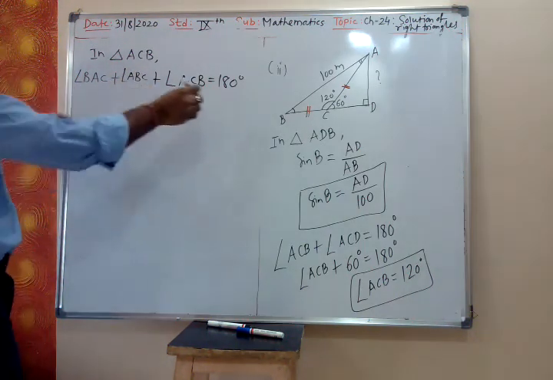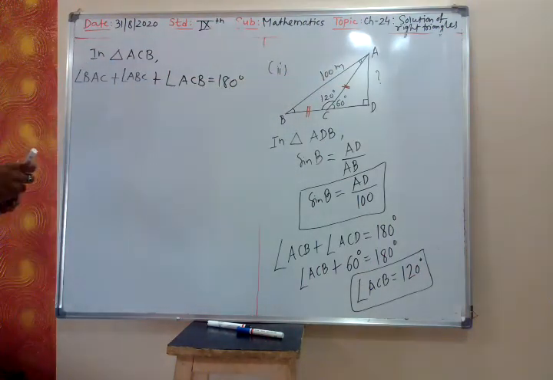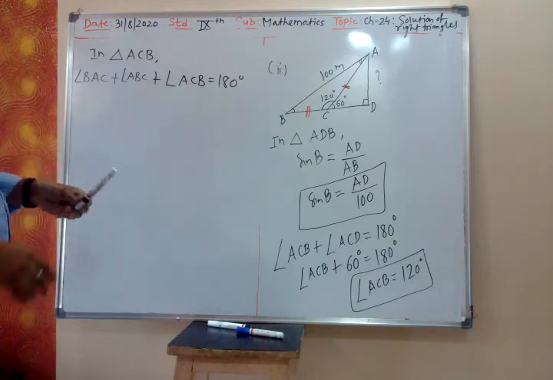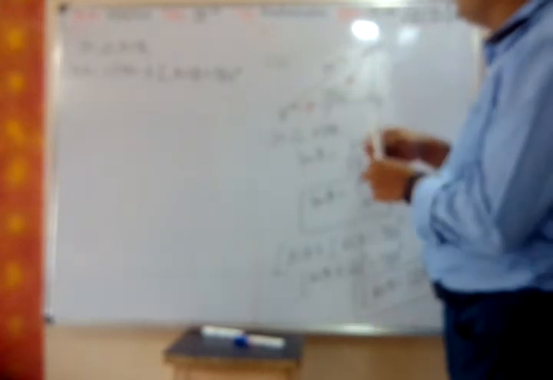Angle BAC will be the same as angle ABC. These two angles will be the same or not? Yes. In an isosceles triangle, the angles opposite to equal sides are equal. If these two sides are equal, their opposite angles are also equal.